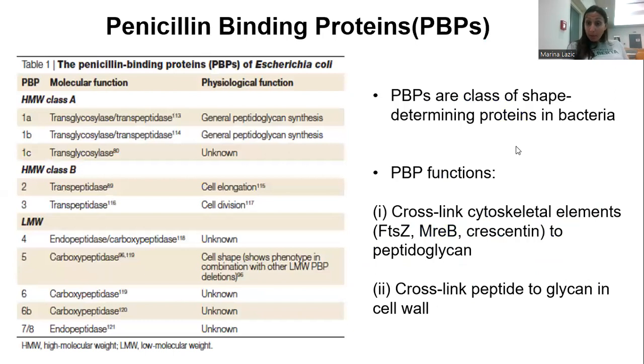And penicillin binding proteins, or PBPs, are an important class of shape-determining proteins that have a function to cross-link FtsZ, MreB, and crescentin to peptidoglycan. They also cross-link peptidoglycan in the cell wall. If you look at the list of these penicillin binding proteins, you will see transglycosylase and transpeptidase.